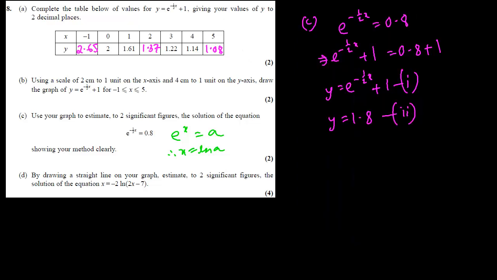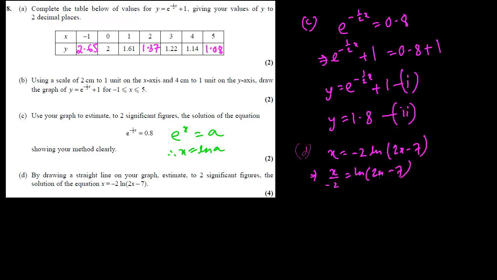Okay, the next one. Here we have to draw a line. This is going to be a little bit more difficult. We have to do a little bit more algebra over here. So x equals minus 2 ln of 2x minus 7. So x divided by minus 2 equals ln of 2x minus 7.